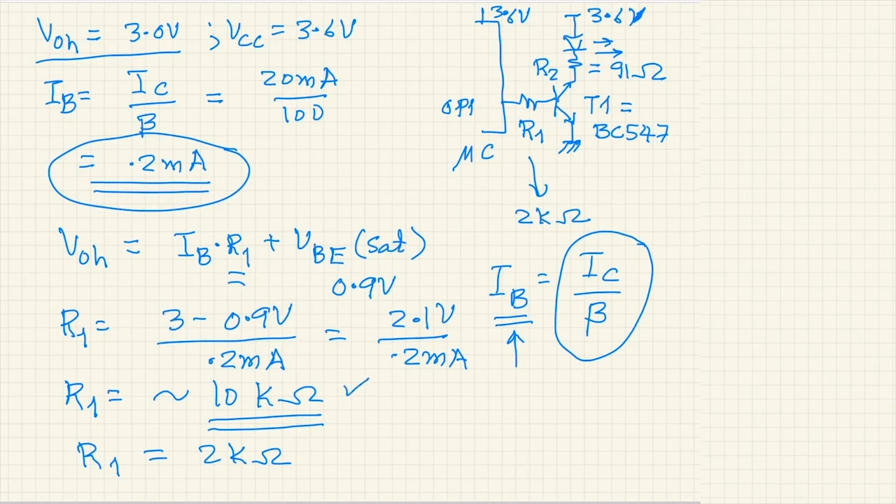But to ensure that the transistor is driven deep into saturation, we reduce the resistor by a factor of 5. As you see here, we have gotten it down to 2 kilo ohm, which will ensure 5 times more base current than you would get with this equation. And driving a large amount of base current ensures that the transistor is nicely saturated.